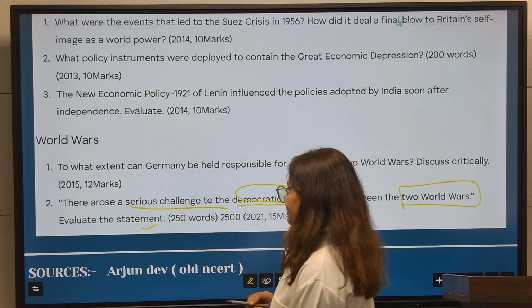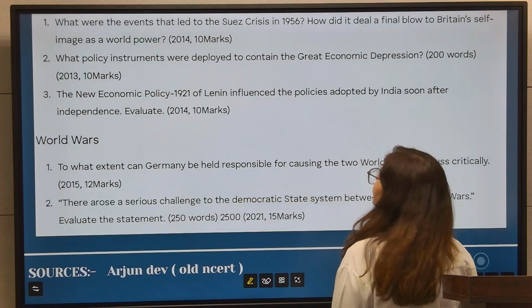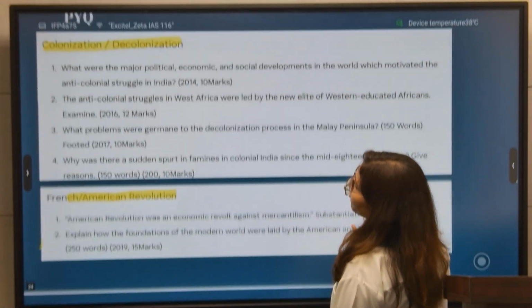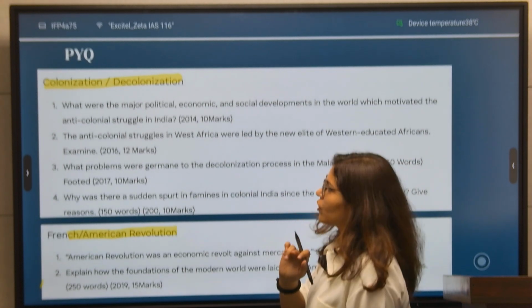Evaluate the statement. So, broadly five things are there. One is colonization and decolonization.